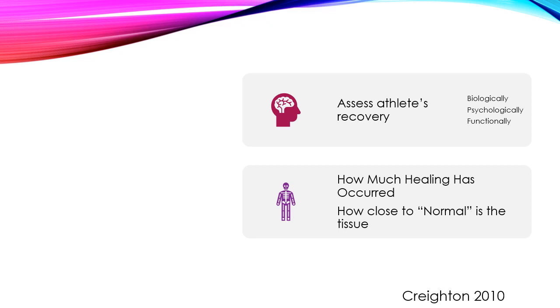Psychologically, is that person ready to go back, or have they developed a kinesiophobia where they're afraid to go out and perform those movements? Functionally, have they atrophied, or are they still missing range of motion? Can they not perform what they need to perform despite the time having passed? And it also lets us evaluate how much healing has actually occurred or how close to normal the tissue is.